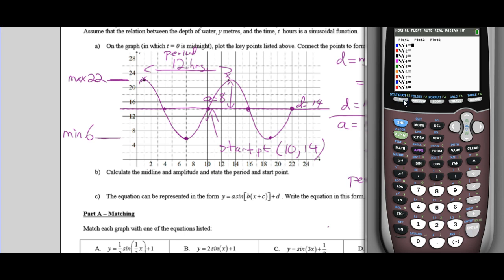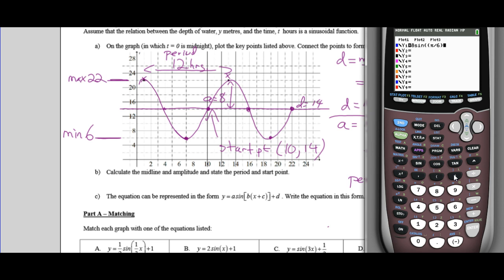So we're going to y equals. We're going to put in our formula. So a was 8, so it's 8 sine. The b value was pi divided by 6. So put a bracket in, go second pi divided by 6, and close the bracket. We're putting the b value in, but we're just putting it in parentheses, right?